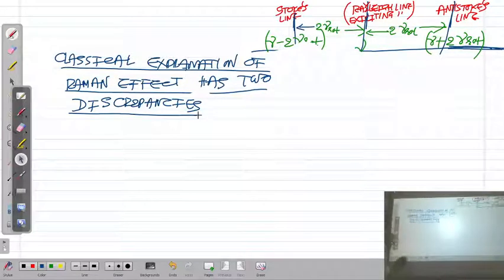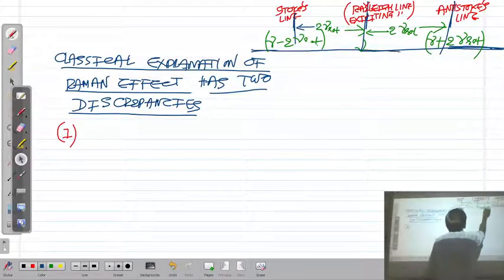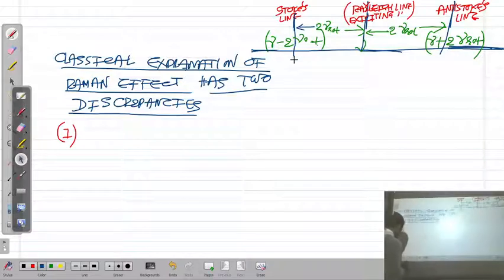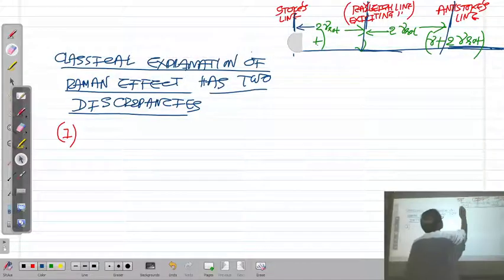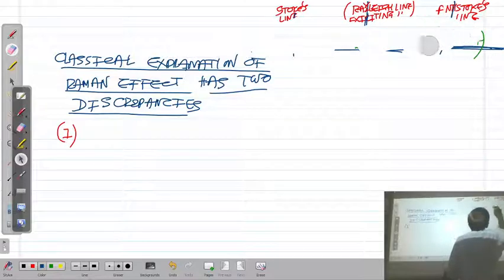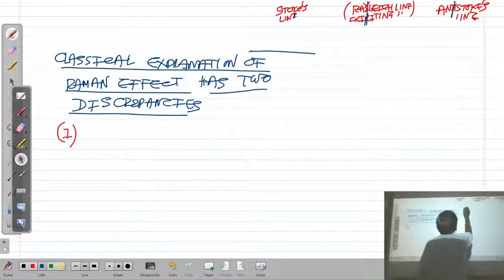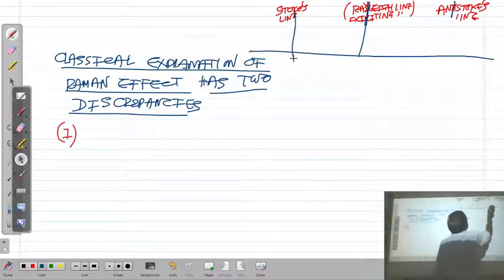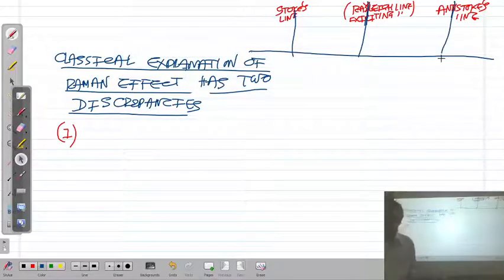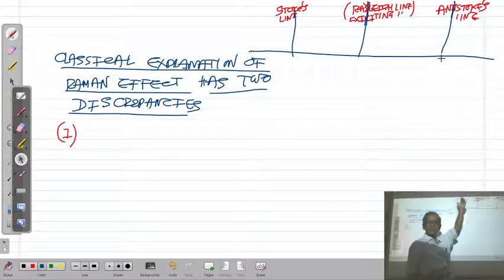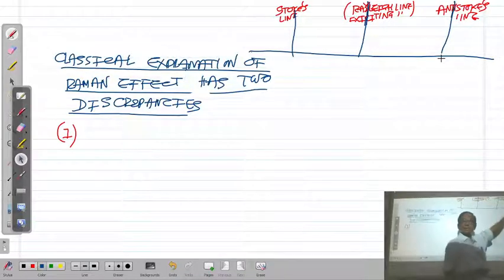Number one, the first limitation of classical theory of Raman effect is this: according to classical theory, the intensity of Stokes line and anti-Stokes line must be same.